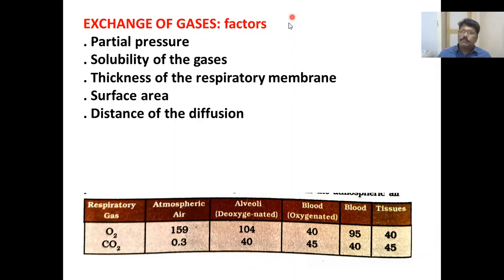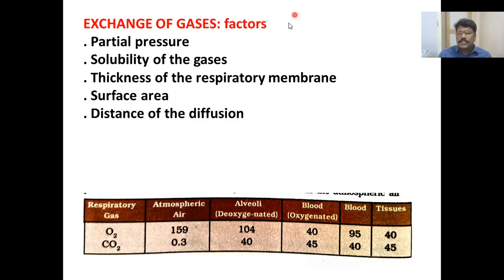The oxidation of food materials takes place in the tissues at cellular level only, and hence the diffusion of gases between the blood and the tissues is known as the systemic gas exchange or internal respiration.